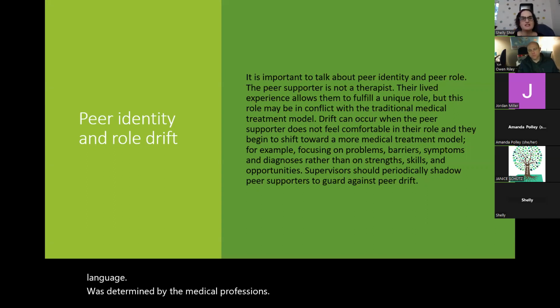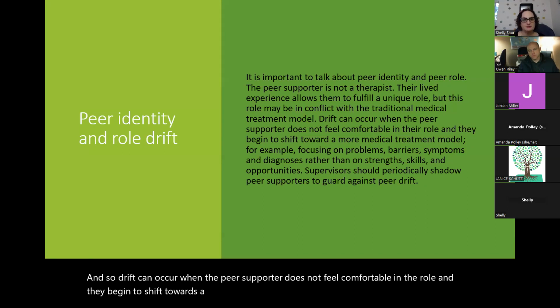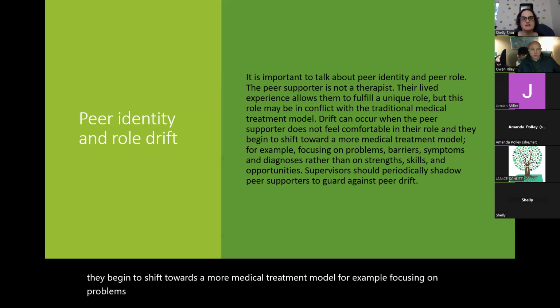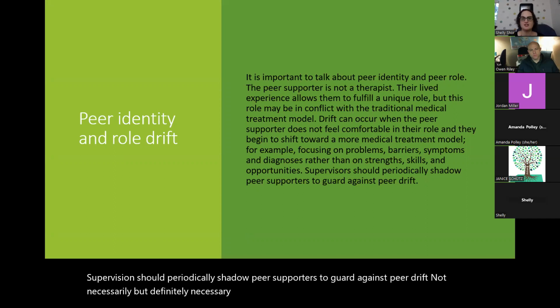And so drift can occur when the peer supporter does not feel comfortable in their role and they begin to shift towards a more medical treatment model. For example, focusing on problems, barriers, symptoms, and diagnoses, rather than on strengths, skills, and opportunities. Supervisors should periodically shadow peer supporters to guard against peer drift, not necessarily, but it's definitely necessary to talk about it and pay attention to that.